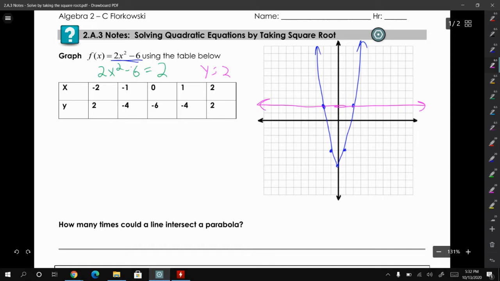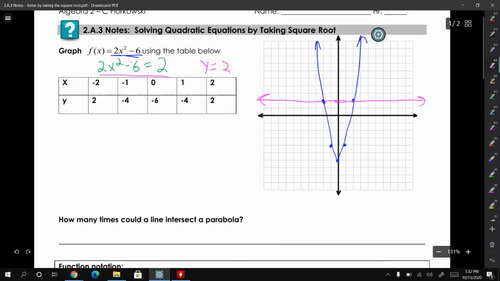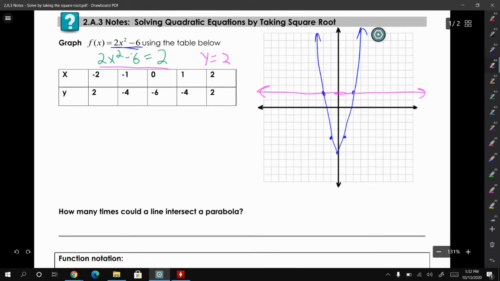So you can see that this has two different solutions. We have two different intersection points to this equation that I have in green. So two intersection points means we have two solutions.